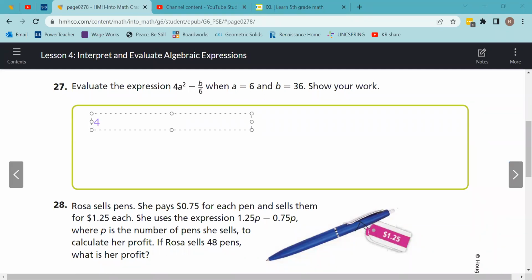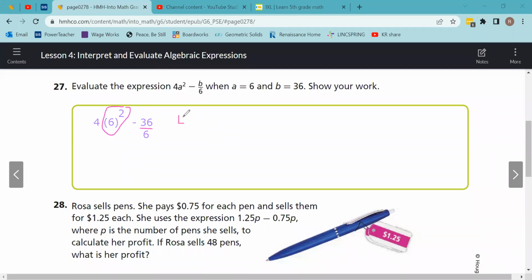All right. For a squared, they tell us a equals 6. We're going to square it. And then we're taking away b over 6. B is 36, over 6. Right, I'm going to draw my little fraction bar here. Okay, so we want to do parentheses. This parenthesis tells us we're multiplying stuff together. So really we skip on to our exponent piece.